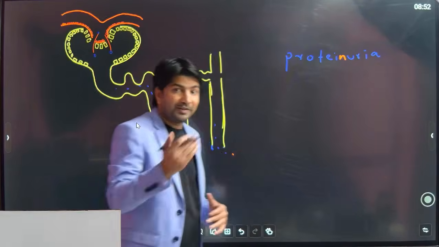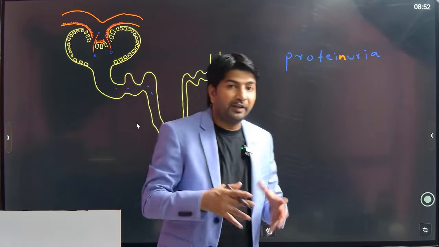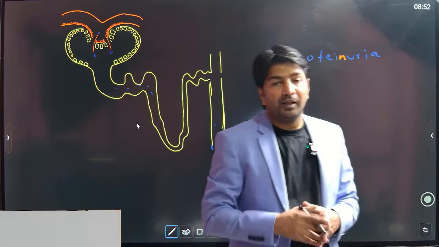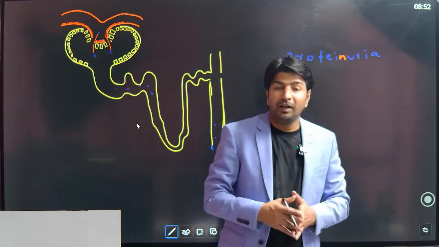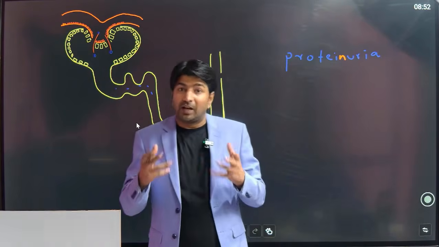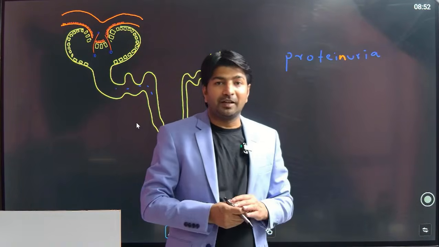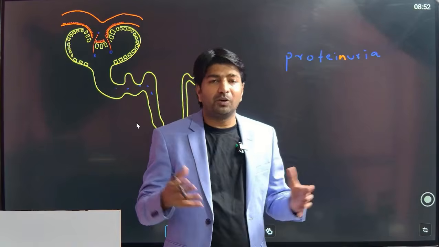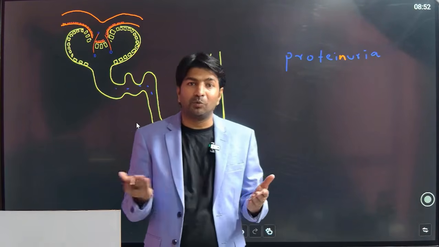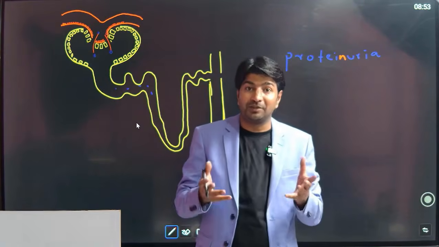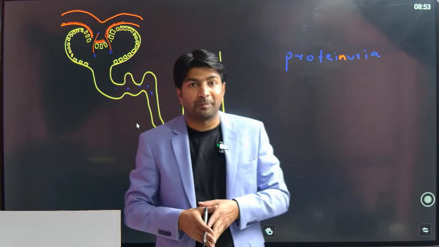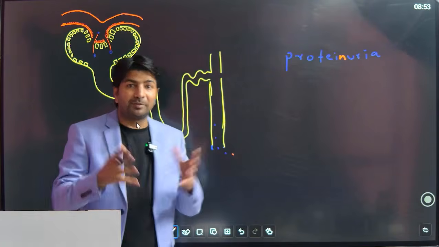When protein is excreted as the patient urinates, that protein acts as a kind of surfactant. For example, if we have water and we add soap to it, foam or bubbles are formed because soap acts as a surfactant. As soap mixes with water, it reduces the surface tension of the water, allowing air to enter. And as air enters, bubbles or foam are created, making it look frothy.